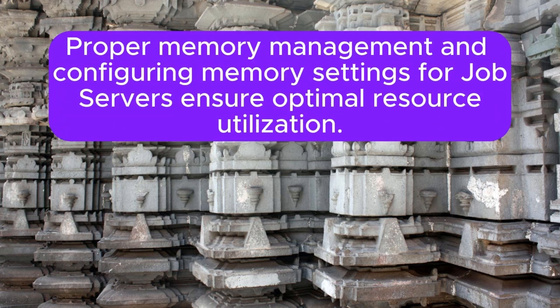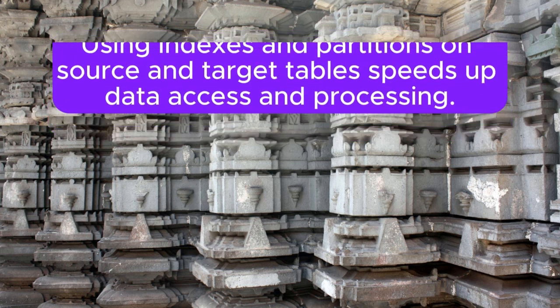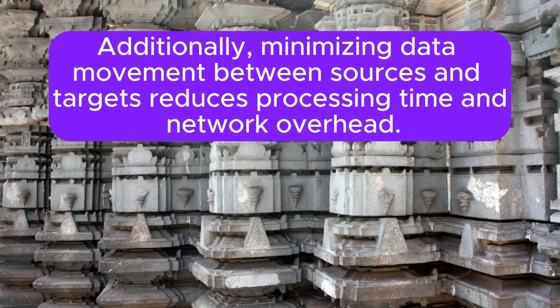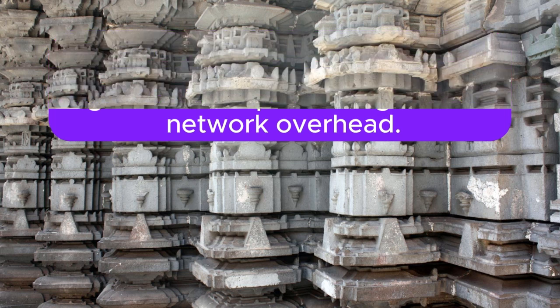Proper memory management and configuring memory settings for job servers ensure optimal resource utilization. Using indexes and partitions on source and target tables speeds up data access and processing. Additionally, minimizing data movement between sources and targets reduces processing time and network overhead.